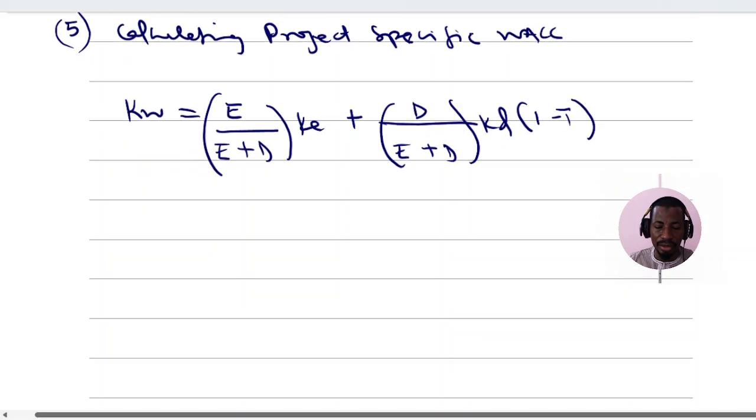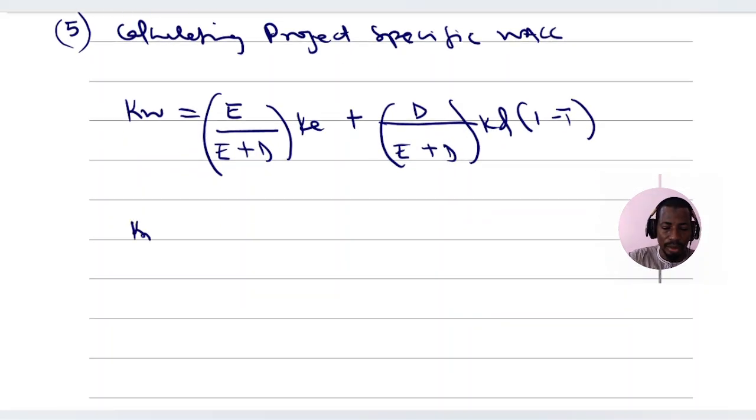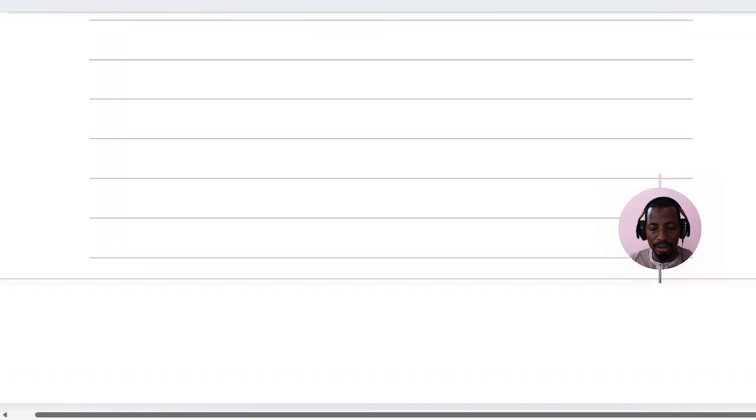So WACC is equal to the equity value of Kilimanjaro, which we calculated as 33,920. The debt value, let's go and put it there.